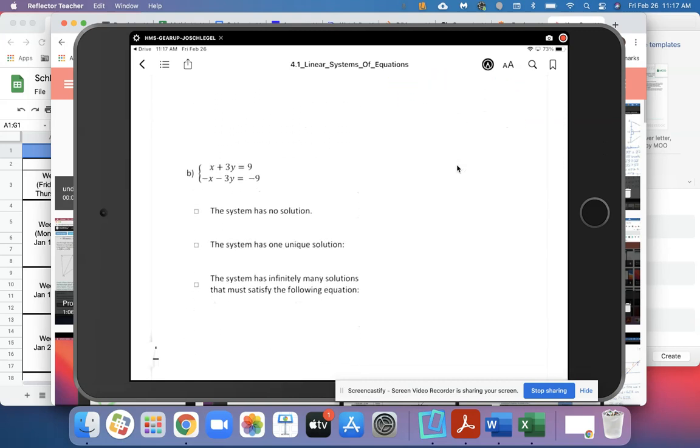Alrighty, the last one for us today, folks. We have x plus 3y equals 9. And we have negative x minus 3y equals negative 9. So adding those two equations together, I will get x and x making nothing. 3y and 3y making nothing.